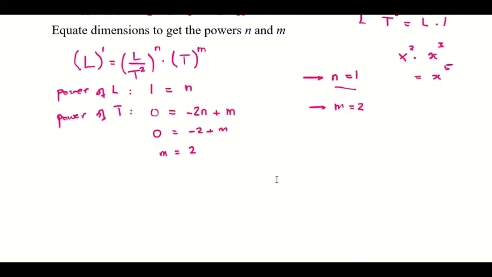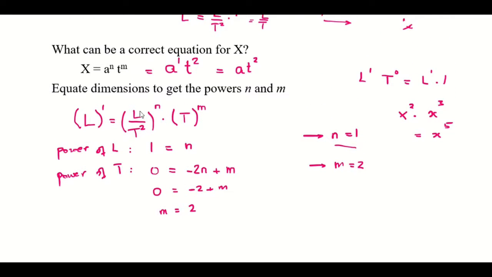This is a powerful way in which, if we know what x or anything else would likely depend on, then we can just multiply them together and get the appropriate powers. Then by experiment, we can verify if this is indeed correct or not.